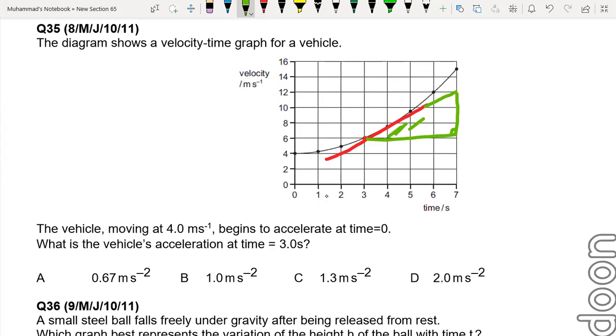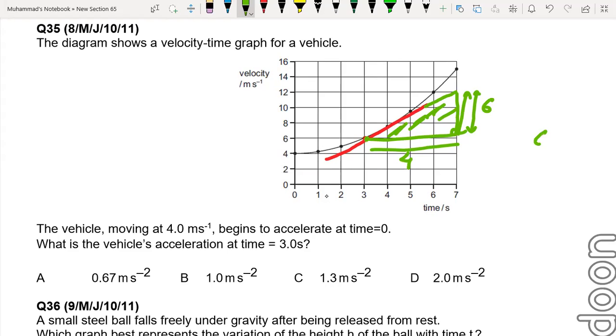So find the area, sorry, not area, gradient of this triangle. Okay, so you will get the right answer. On the vertical axis, it is 6 till 12, so it is 6. On the horizontal axis, 3 till 7, so 4.